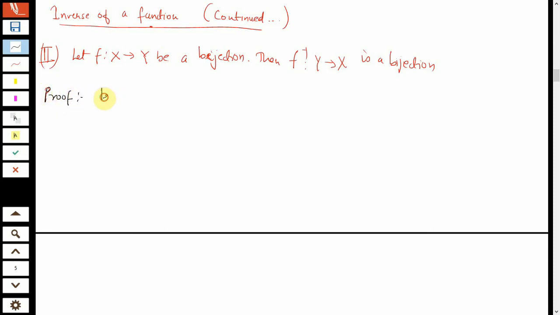So let f from X to Y be a bijection, and let f inverse from Y to X be its inverse.